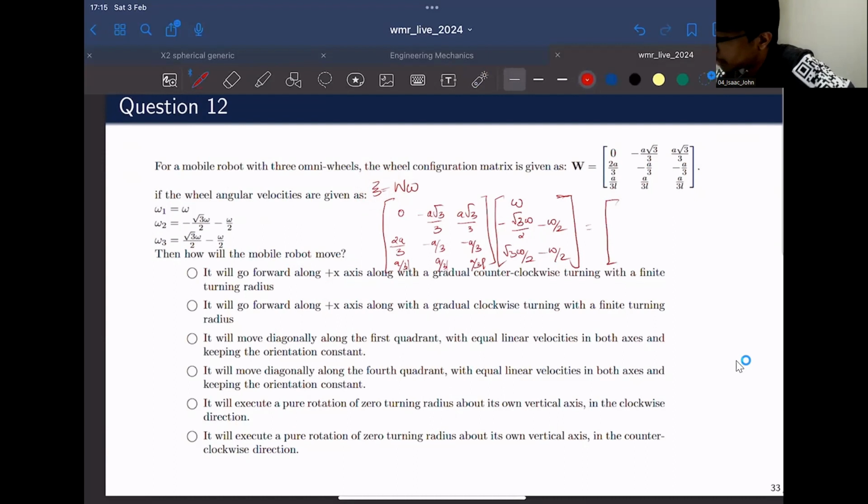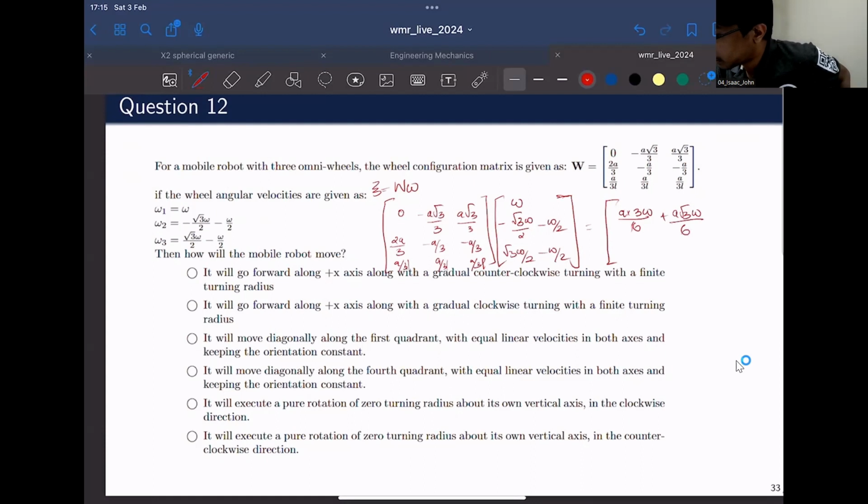So can anyone help me solve this equation? The first entry would be 0, plus a times 3 omega by 6, plus a root 3 omega by 6.